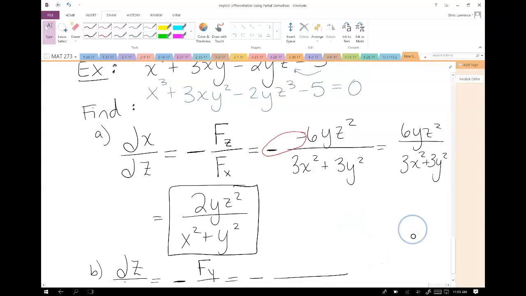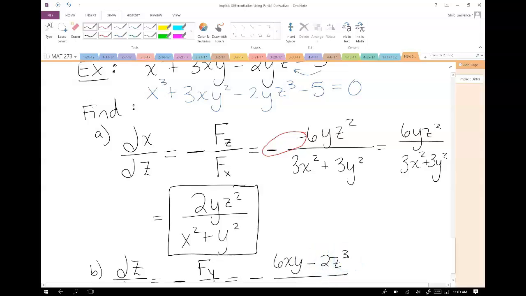So if you look back at the capital F function we created where it was equal to 0, the first term doesn't have y's, so its derivative is 0. Second term has a y squared, so we'll do the power rule on there and we'll get 6xy. The third term has a linear y in it, so the y drops off and we just get minus 2z cubed.